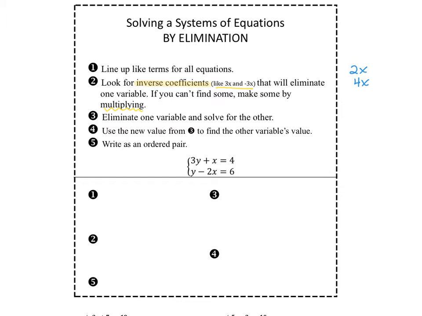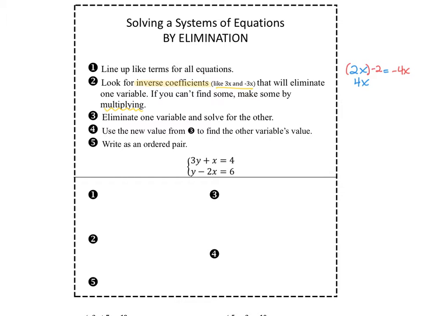To make these inverse coefficients by multiplying, I would need to multiply the 2x by negative 2 so that it became negative 4x. And so then I can combine negative 4x and positive 4x to eliminate them. Okay, so that's what it means by multiplying. We just multiply the coefficient by what it needs to get to the inverse coefficient.